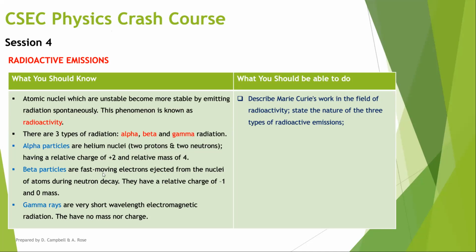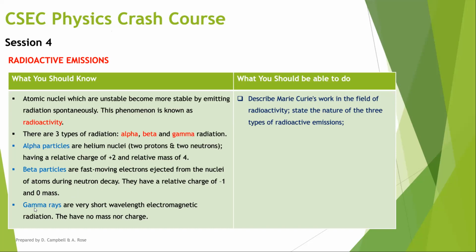They are electrons that are formed inside of the nucleus and then ejected. Since they are electrons, they have a relative charge of -1, but a mass of approximately 0. Their masses are negligible, so they are not considered to have any mass.